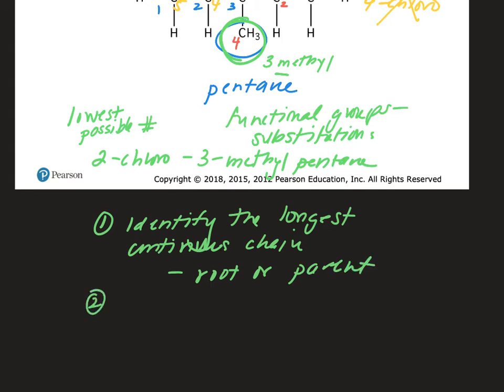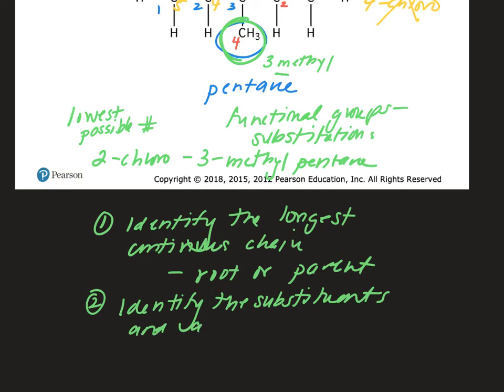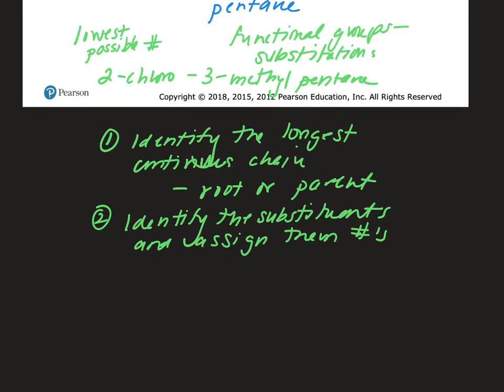Then we are going to identify the substituents and assign them the lowest possible numbers. Then what we are going to do is alphabetize when assembling the name.